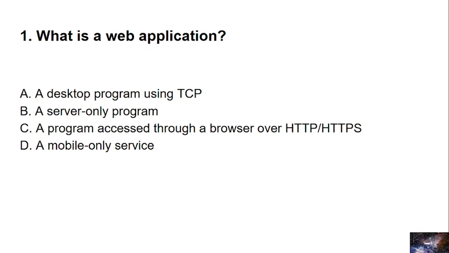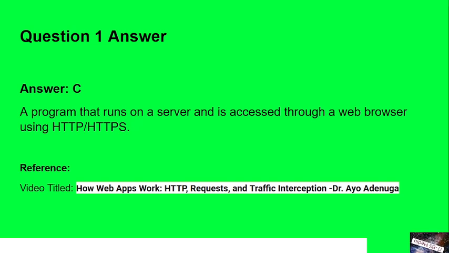So you have the options here. What option will you select? All right, we'll proceed to the answer. The answer is option C, a program that runs on a server and is accessed through a web browser using HTTP/HTTPS.